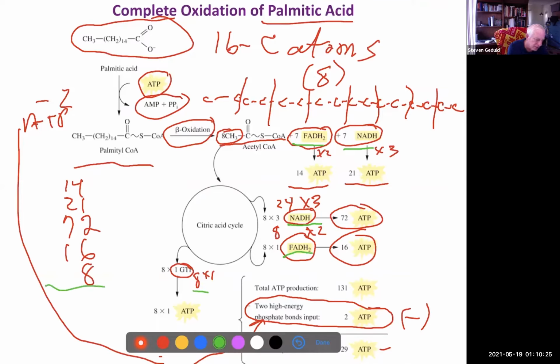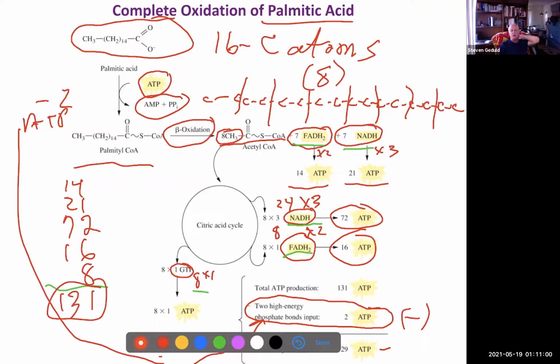We add all that together: 14, 16, 21, 72, 8, and that's 131 ATPs. So running the citric acid cycle 8 times with the oxidation of palmitic acid, which has 16 carbon atoms, we're going to produce 131 ATPs.